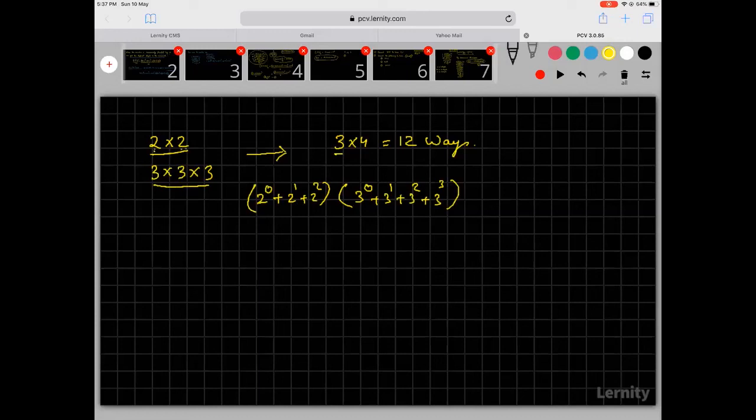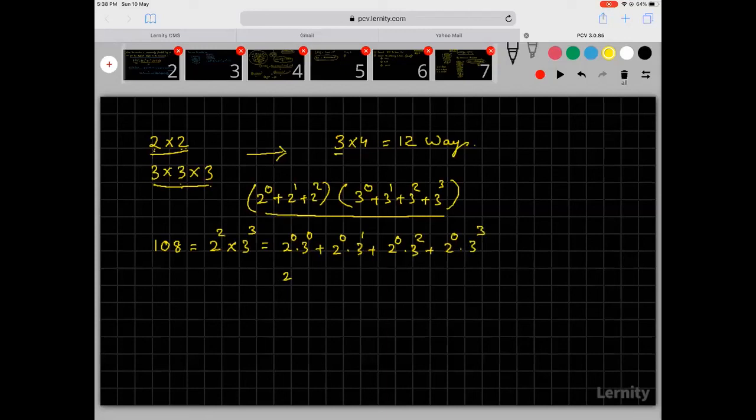Now, what is this number, by the way? 2 into 2 is 4, 4 into 3 is 12, 12 into 3 is 36, 36 into 3 is 108. So I have 108, which is equal to 2 squared into 3 cubed. And if I multiply these numbers, what will I get? I'll get 2 power 0 into 3 power 0 plus 2 power 0 into 3 power 1 plus 2 power 0 into 3 squared plus 2 power 0 into 3 cubed.